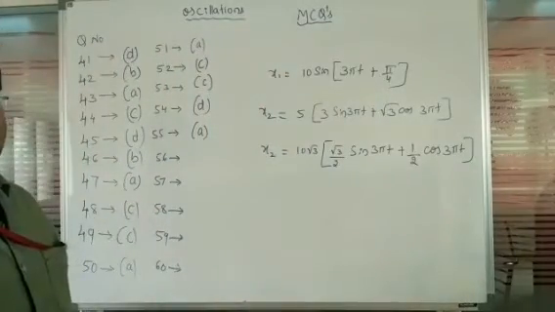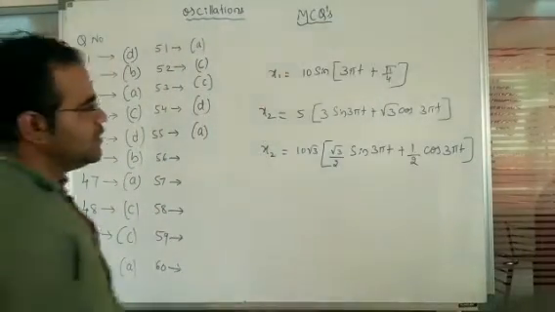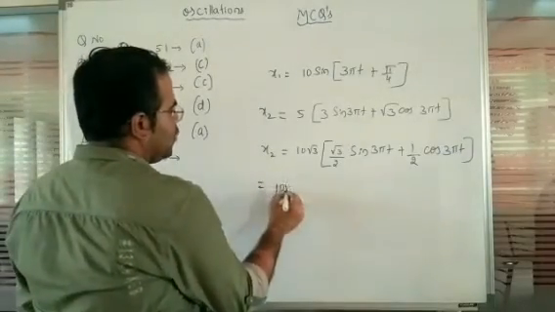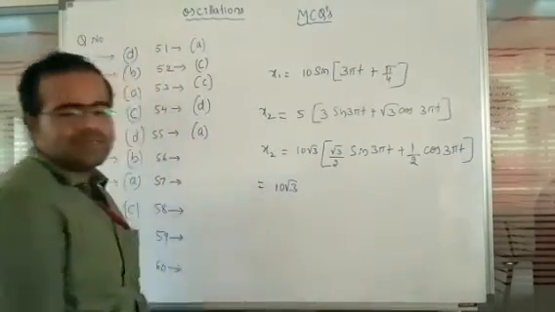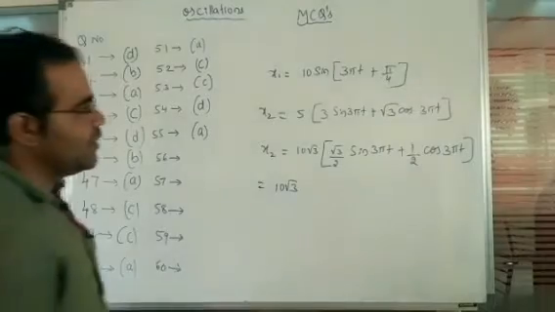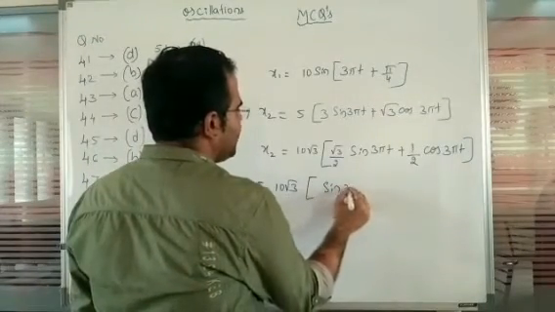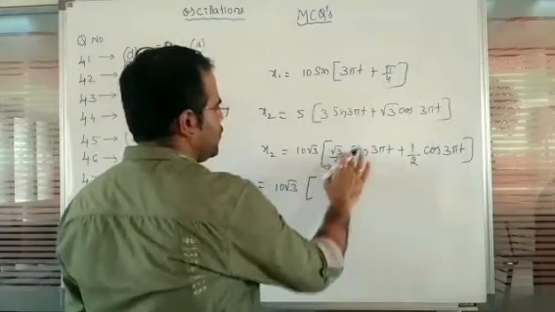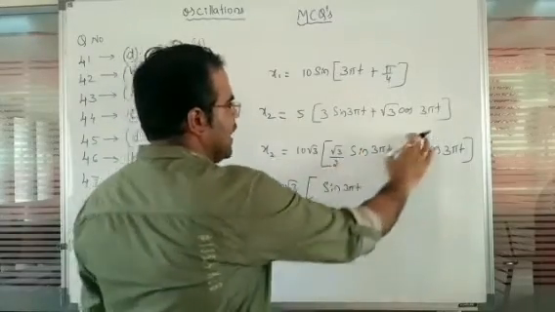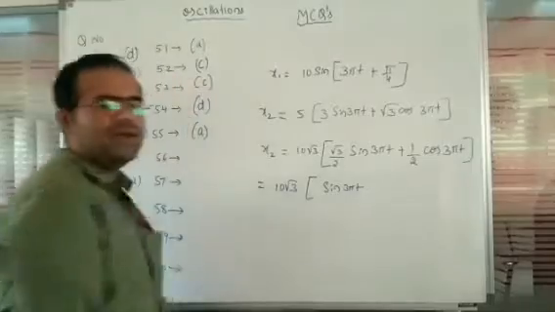Now in that one, again you are going to observe the equation given by 10 root 3. So 10 root 3 is outside here. After getting outside, again we are going to observe sine of 3 pi t, because this we are going to write in terms of cos, and this we are going to write in terms of sine.